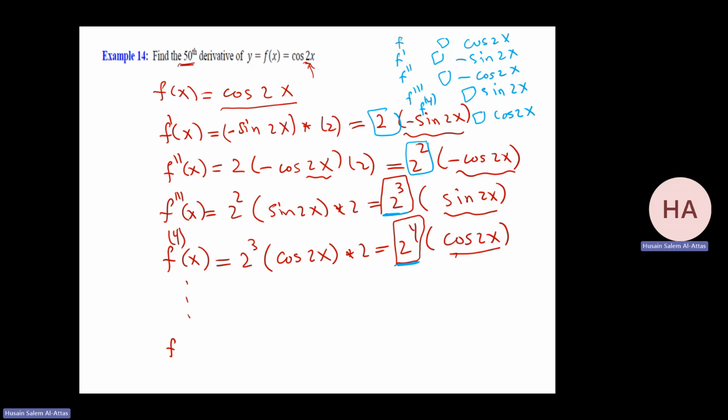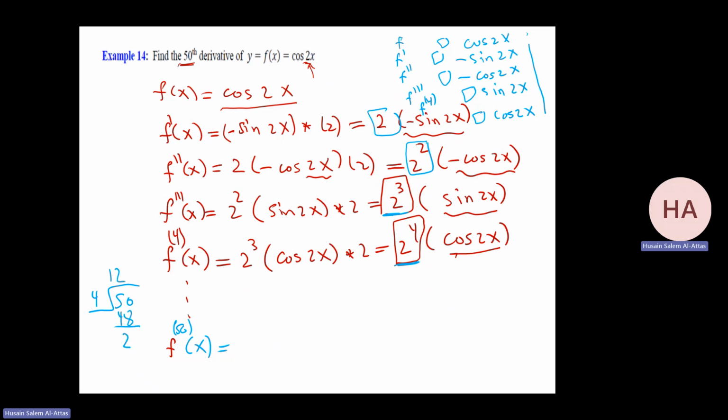Now, they want the 50th derivative. As a function, it will repeat itself every 4 derivatives, times the number; then we'll look at the number. So now, the 50th derivative: if you think about 50 divided by 4, that will be 12, 48.